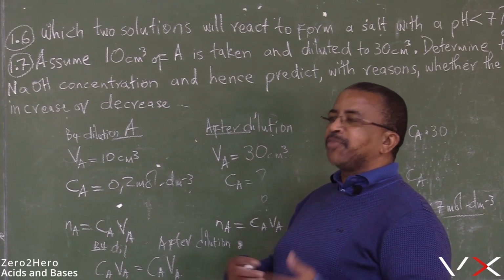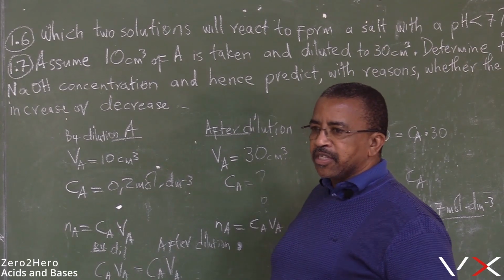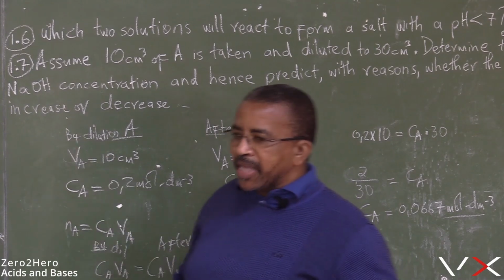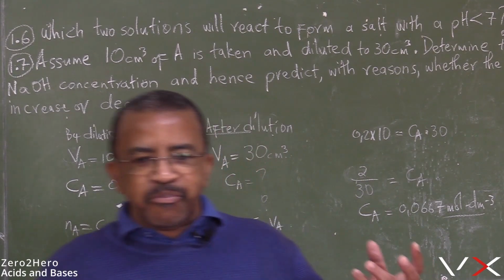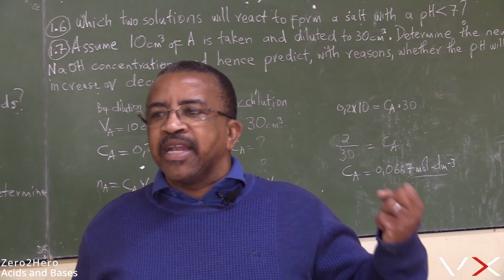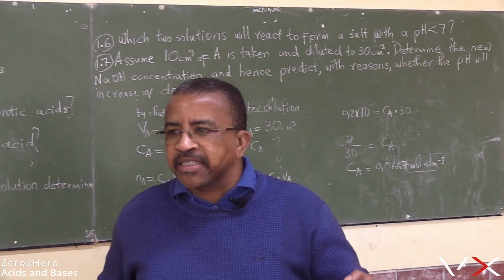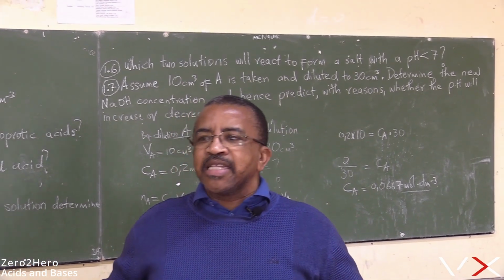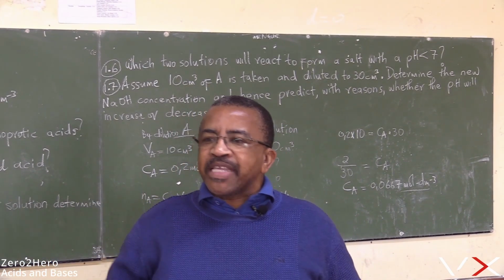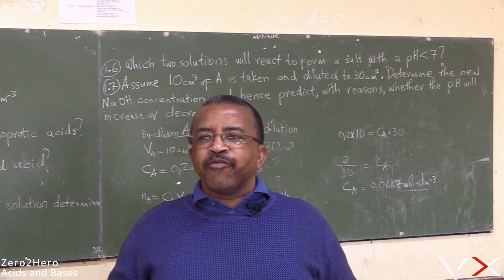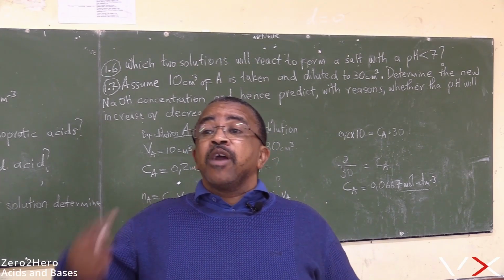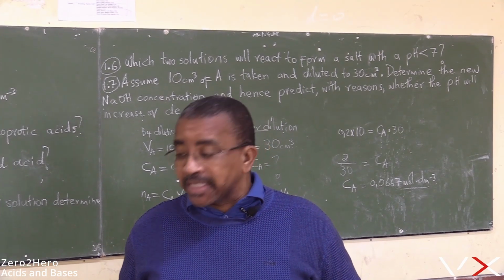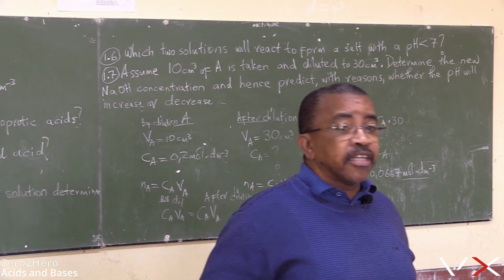As the concentration of the base decreases, it means less OH minus, and if the OH minus in the solution decreases, then this decreases the pH of the solution. If there is more OH minus in the solution, then this increases the pH of the solution.